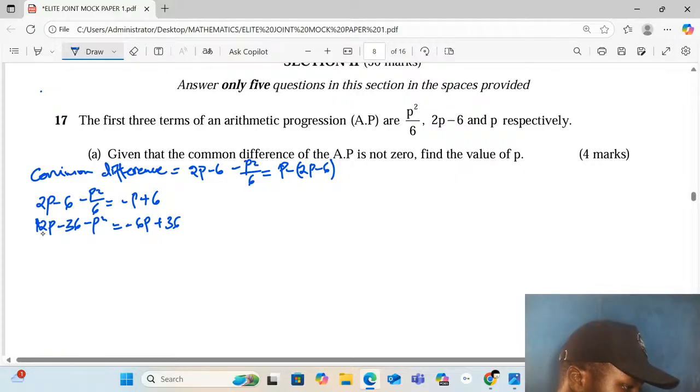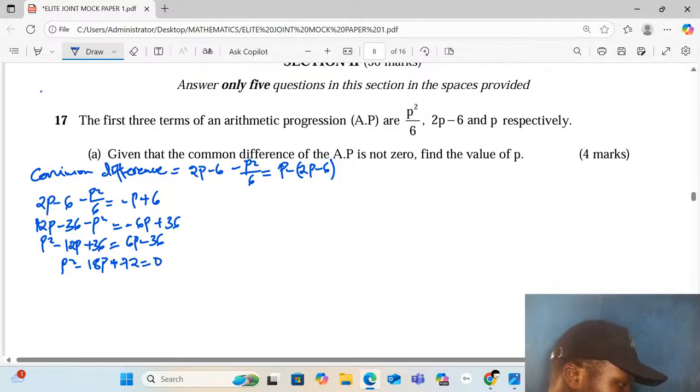Now collecting like terms together, we shall have p squared minus 12p plus 36 is equal to 6p minus 36. So we shall have now p squared minus 18p, then we add 72, 36 plus 36 becomes 72, which is equal to 0.